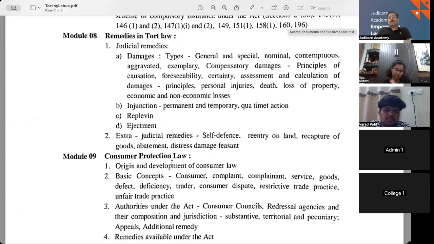So both points have to be proved: that this particular property is mine, and that it is not a legal transfer or a lawful detention which has happened, since you might have made a legal transfer to that person.